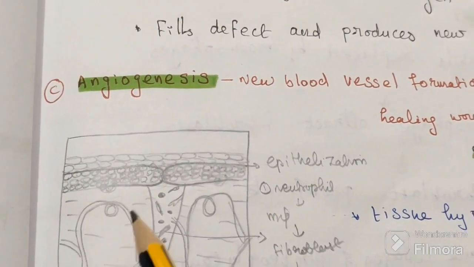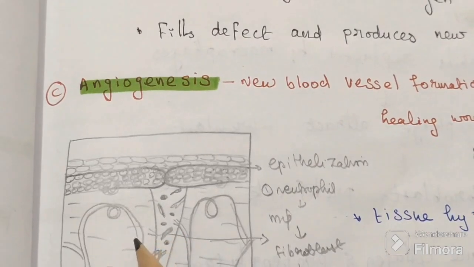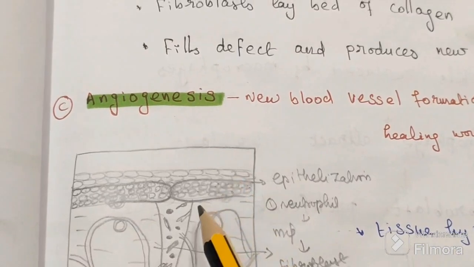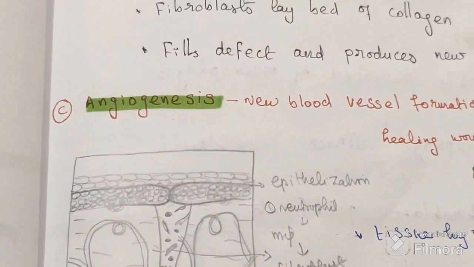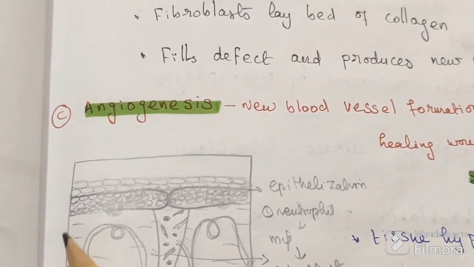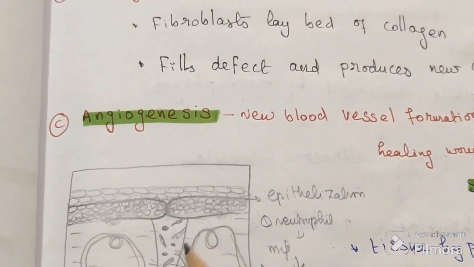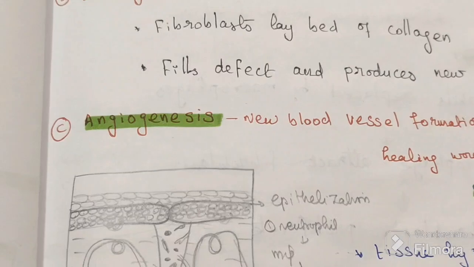This is the injured area, so the epithelium was lost. But the epithelium is coming from both sides and meeting at the center.